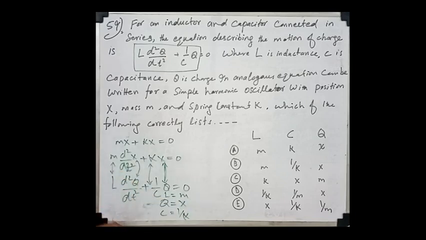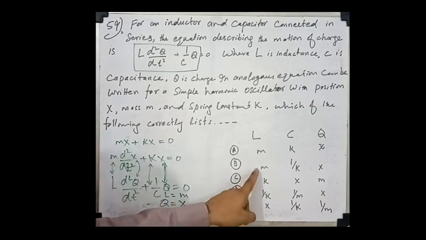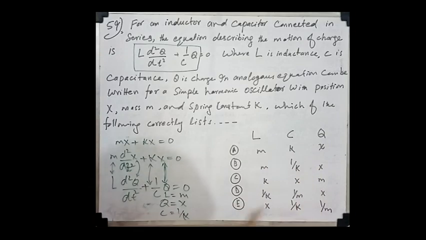So we can see that in part B, L equals m, q equals x, and C equals 1 over k. So part B is our right option. This lists the right relation between these two equations, the right mechanical analog for this electronic circuit.